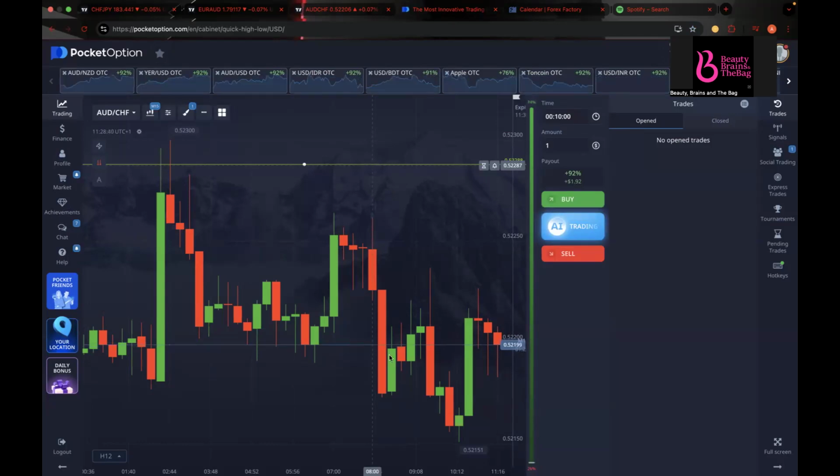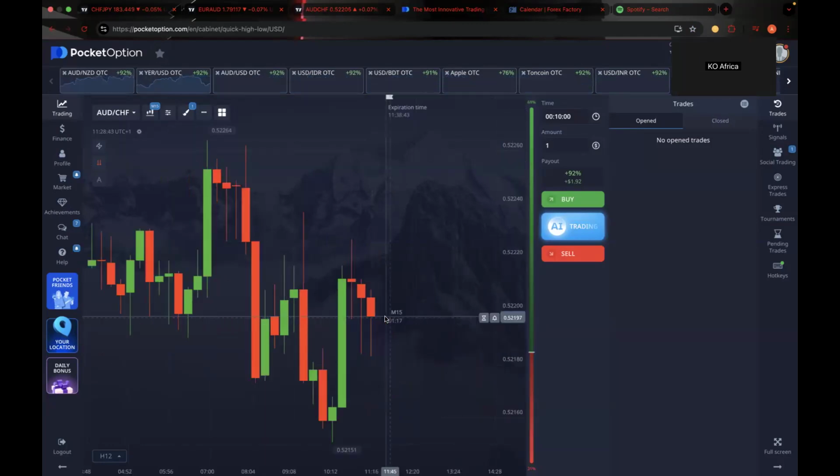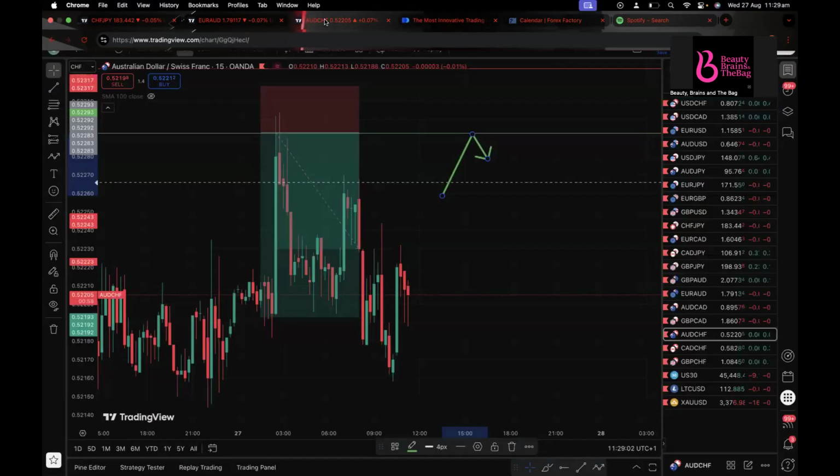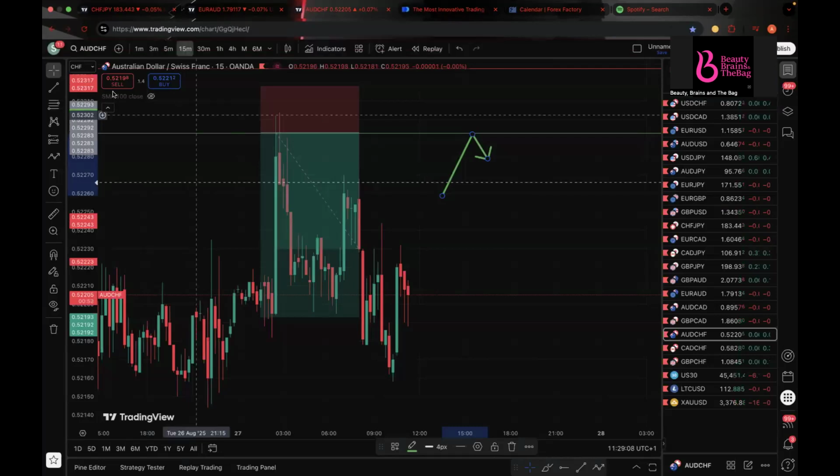So what does that mean? That means where the market actually is on TradingView is exactly where it is on Pocket Options, just that the prices are slightly different. So if I want to trade, I can mark up my charts on TradingView and wait for the market.